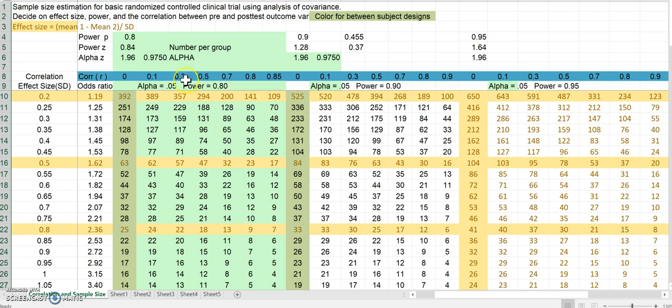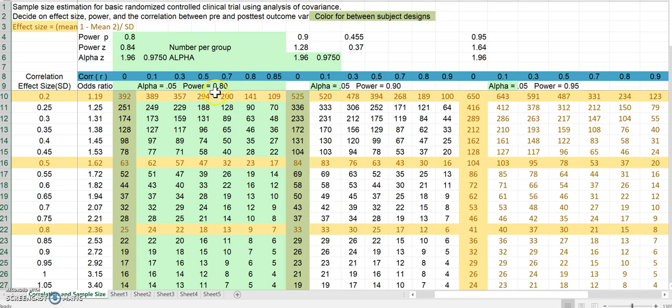So we have three columns: power of 0.8, 0.9, and 0.95. In this third column, alpha error and beta error are equal. So beta is 0.05, leaving a power of 0.95, and alpha is 0.05. So this is considered the minimal set of conditions, where alpha is 0.05 with a power of 0.8.